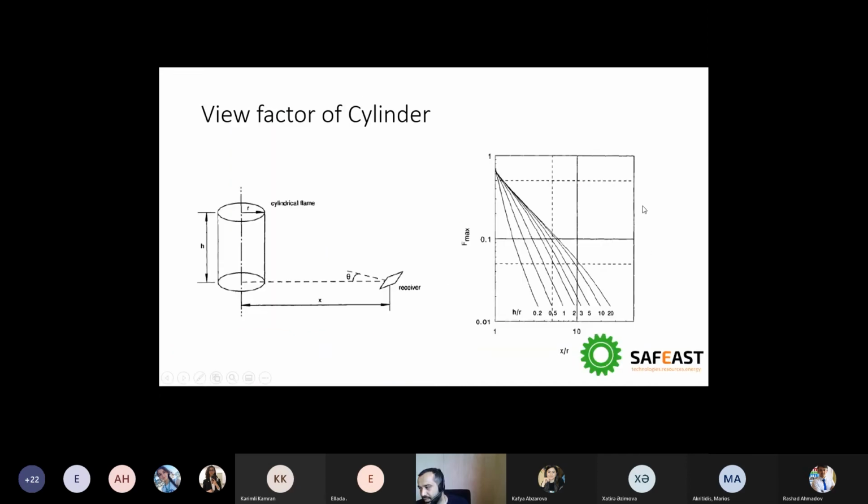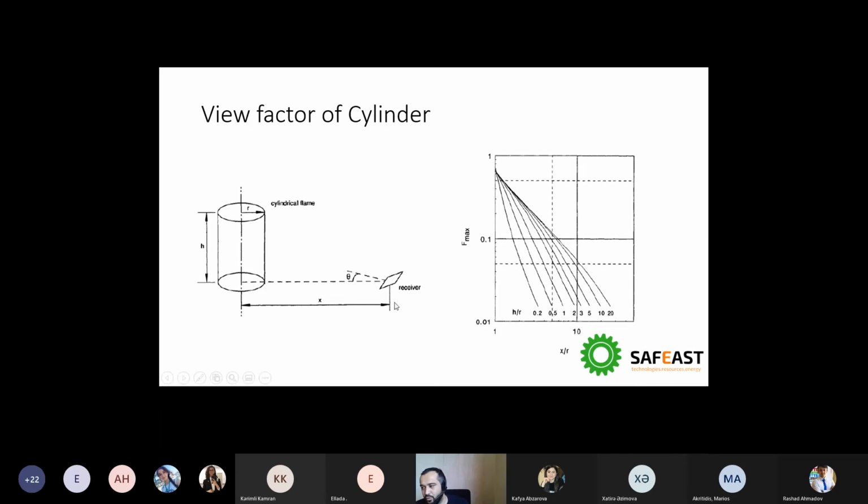This is an example, view factors of a cylinder. Let's say someone is here. Assume you know how to calculate the height of your fire and the radius of the fire, and based on these you identify your view factor from the available tables.